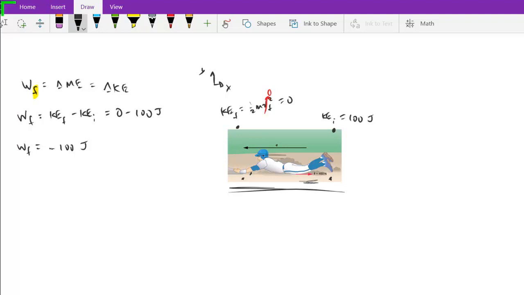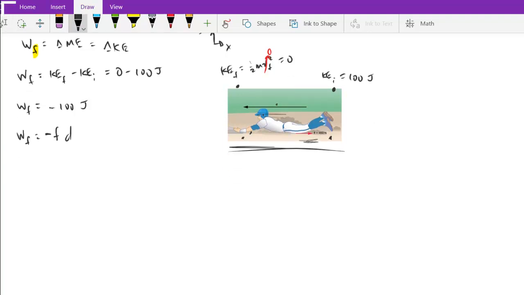So we know that the work done by friction is going to be negative the frictional force times the displacement, right? We have a negative work there, and F here is the magnitude of the frictional force. And so we can say that the negative of the frictional force times the displacement is equal to negative 100 joules.